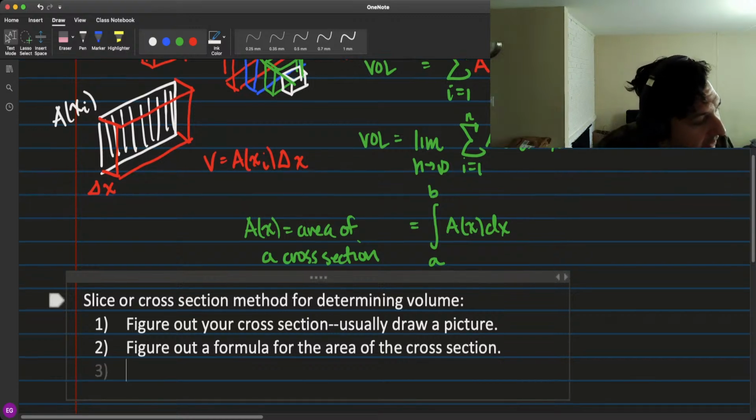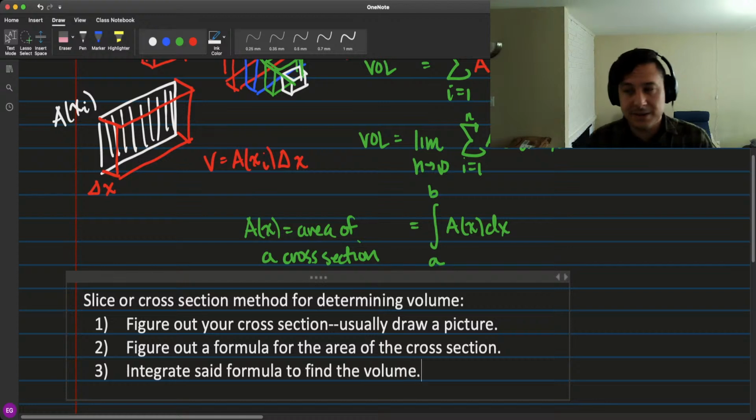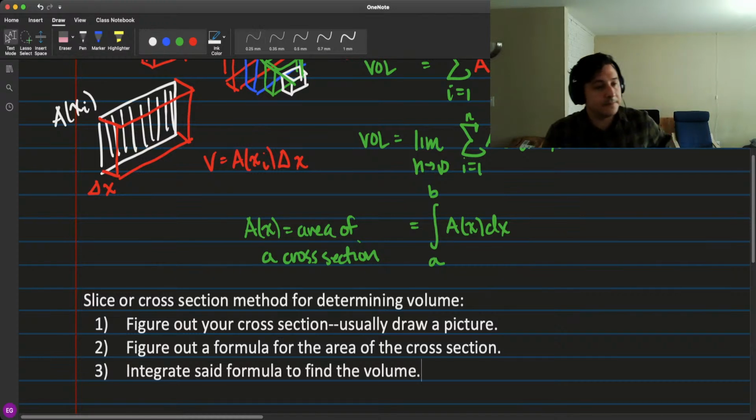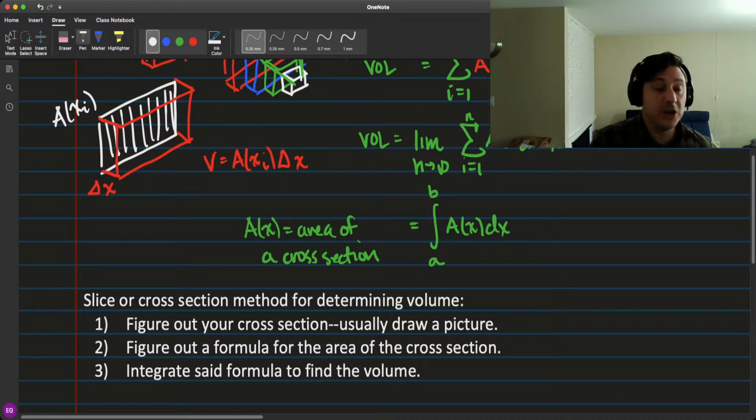Third, finally, integrate said formula to find the volume. You integrate the area to get the volume. One integration.